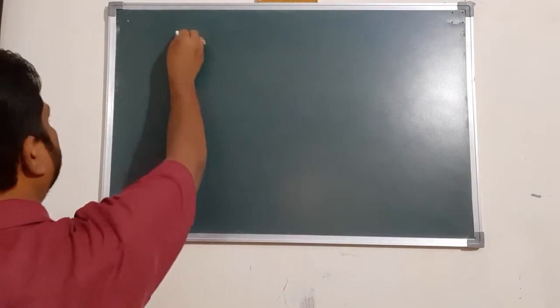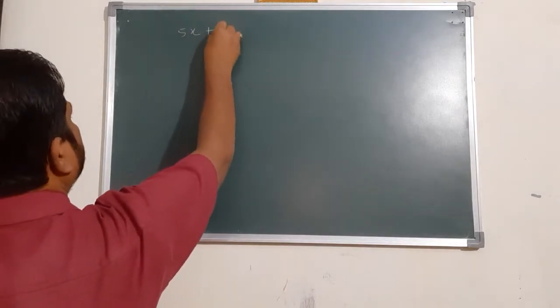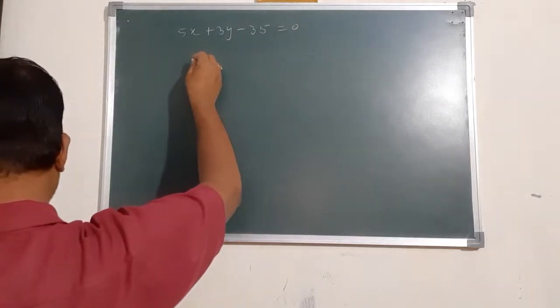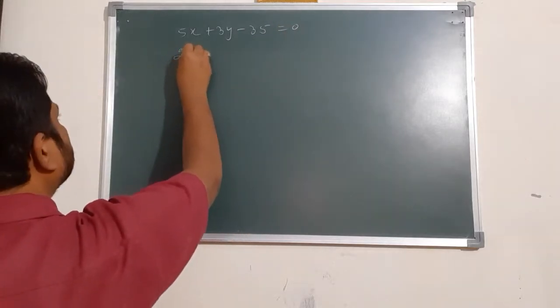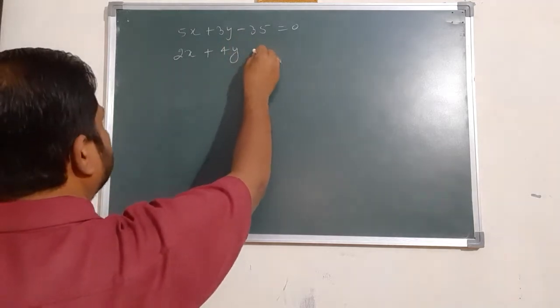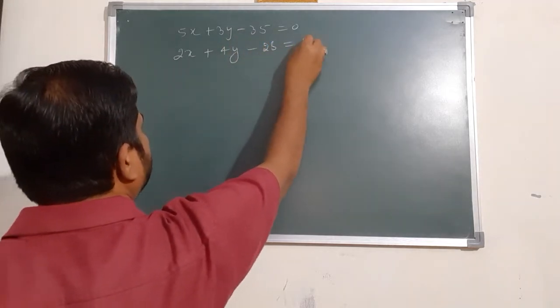Suppose the given equations are 5x plus 3y minus 35 is equal to 0 and 2x plus 4y minus 28 is equals to 0.